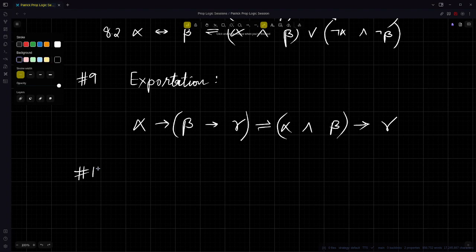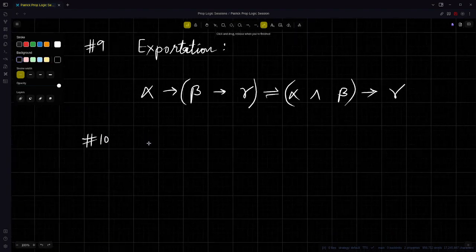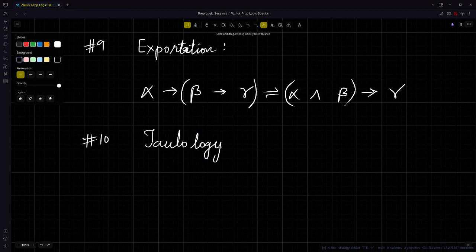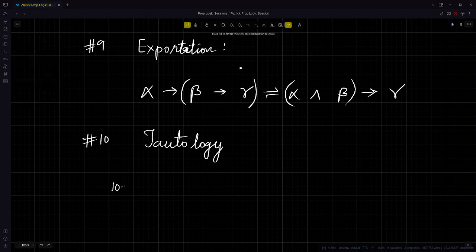And the 10th one is called tautology. We've already discussed tautologies. There are two types of tautologies. Tautology is when all the rows are true, right?